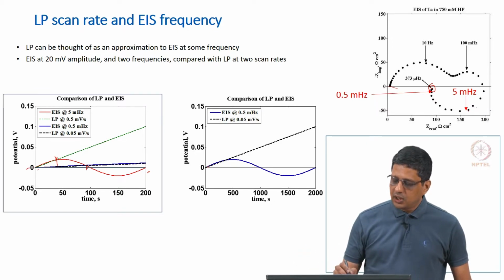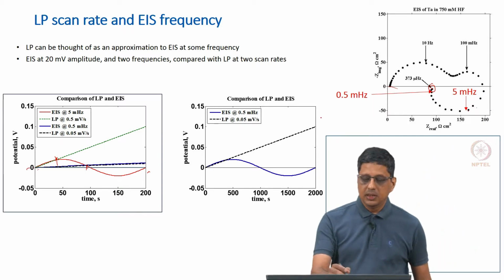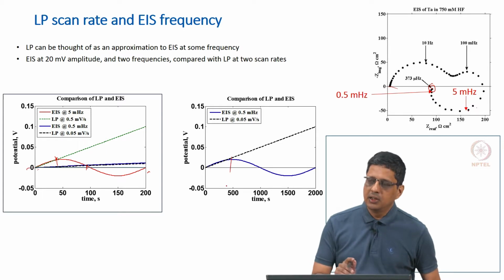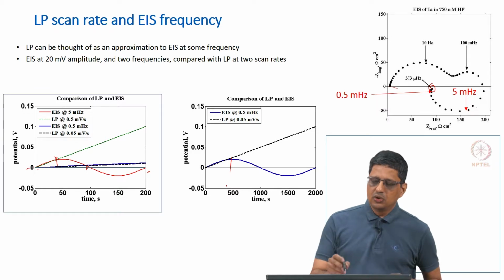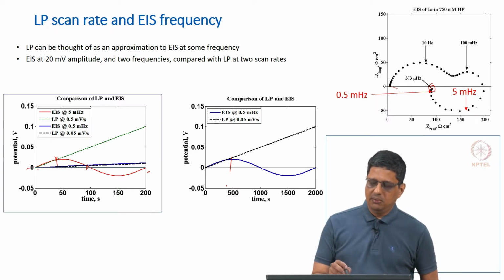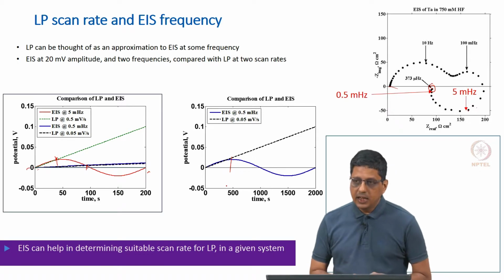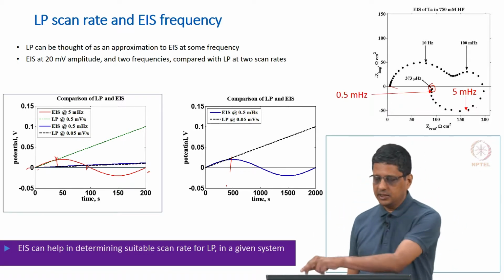Now, if I draw a sinusoidal wave of 0.5 millihertz, goes from 0 to 2000 seconds, and draw linear polarization at the rate of 0.05 millivolts per second, this is how it will appear. That means 1/4 of a cycle will roughly match with the linear polarization. So, if I do linear polarization at 0.05 millivolts per second, then I should expect to see a polarization resistance close to 84.